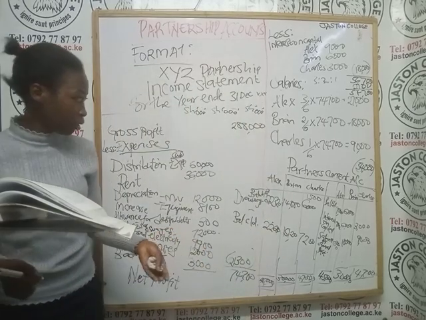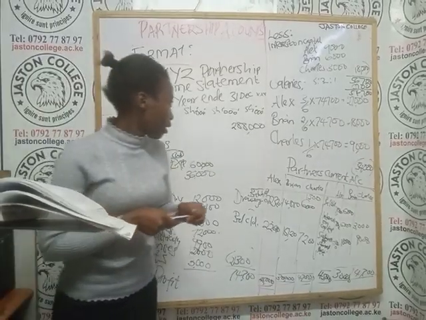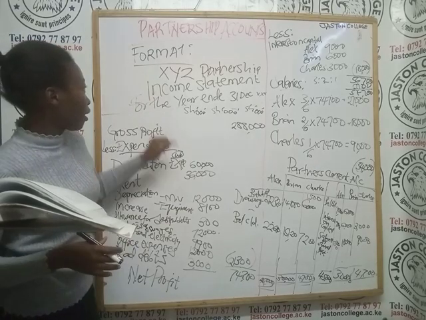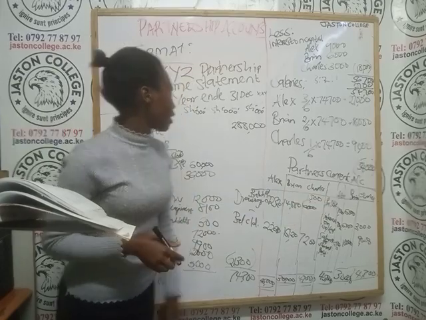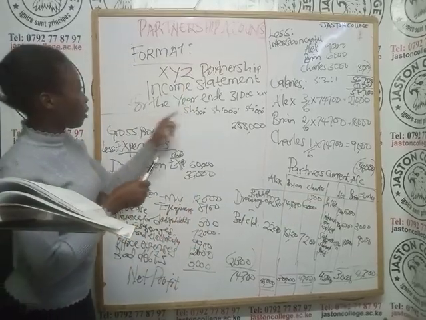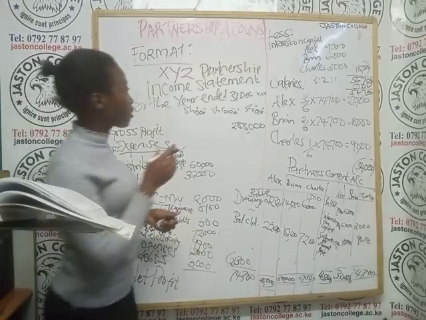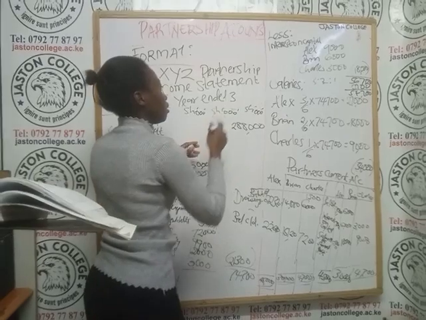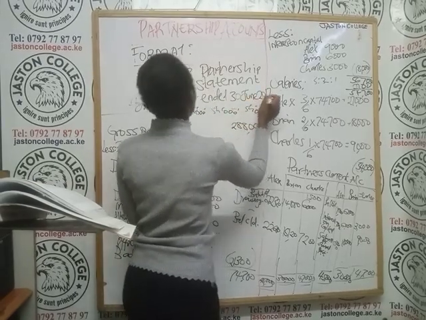So that will close our partner's current account, and this is how basically it is done: the income statement and the partner's current account for the year ended 30th June 2017.